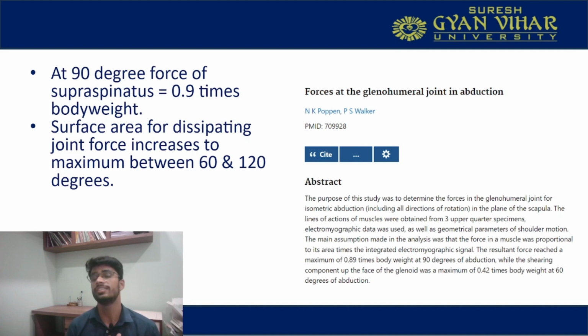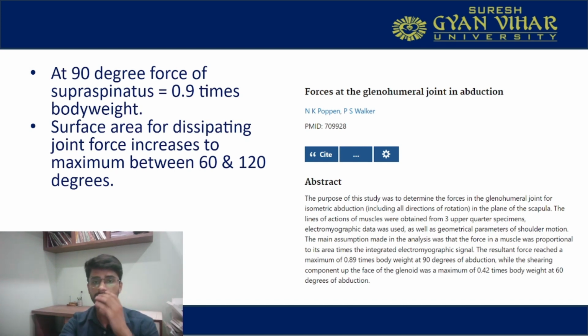And for this reason, to dissipate this tremendous amount of force, the maximum surface area of the joint is present between 60 and 120 degrees of abduction, in order to dissipate this enormous force generated by the compressive capability of the supraspinatus muscle.